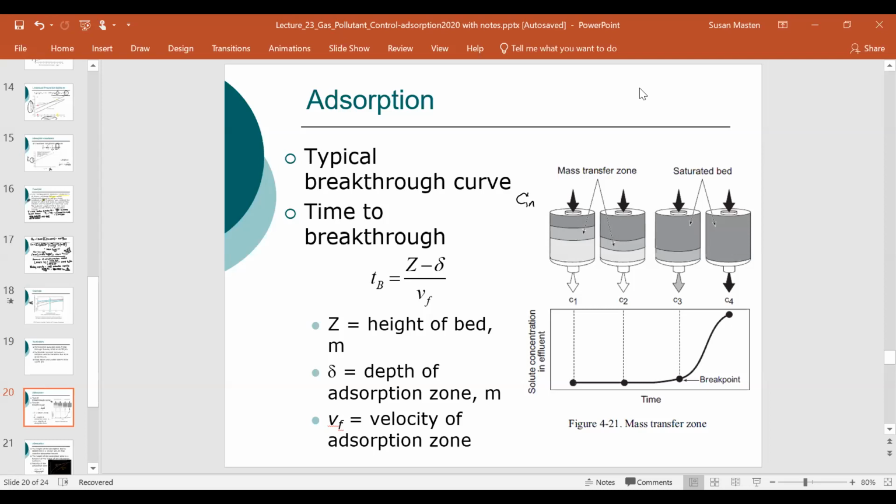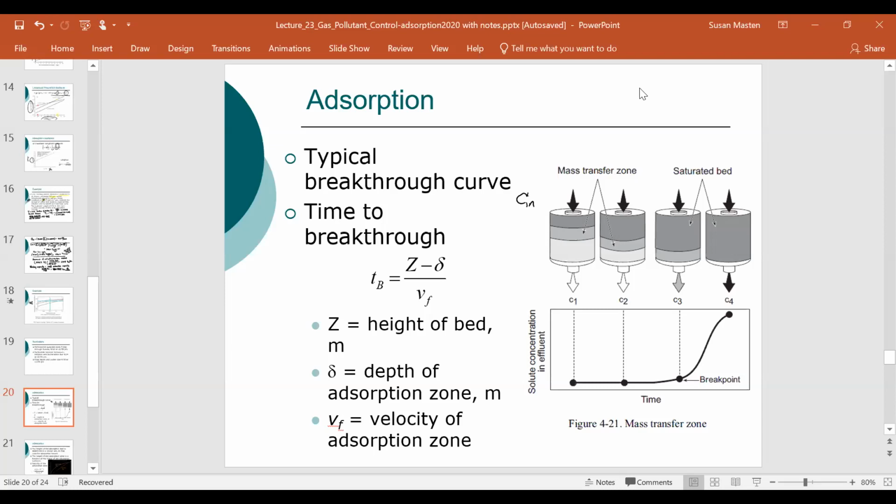And as that gas, or it could be liquid, moves down, the contaminant that we're trying to remove moves from the gas, or liquid phase, onto the solid adsorbent.